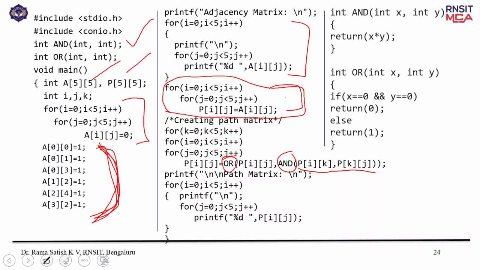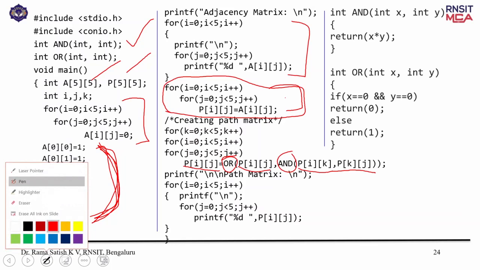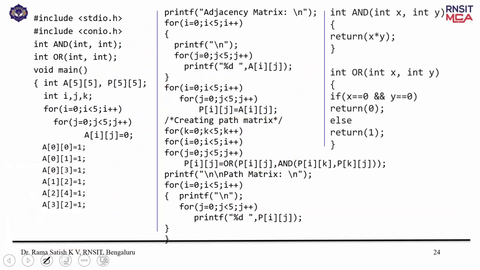The AND result of P of ik and P of kj is ORed with P of ij, and that gives the path matrix P of ij. So that is what you are going to get. Once the path matrix is computed, you just display it. That's it. Very simple. Path matrix is ready.